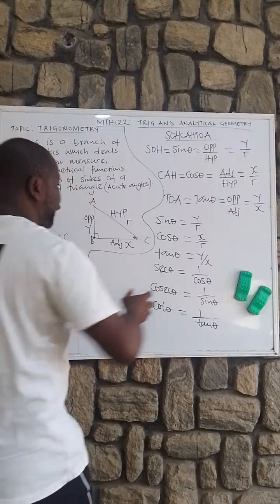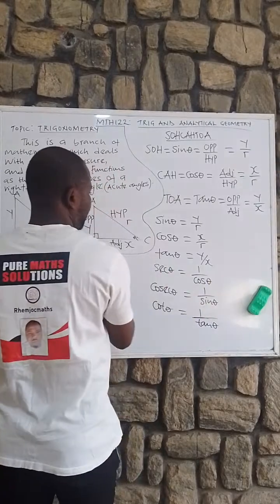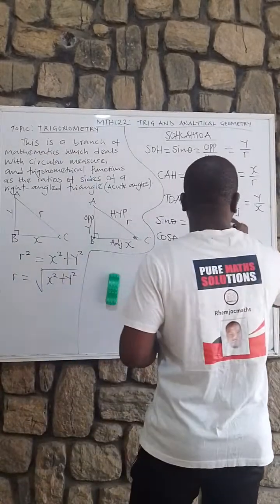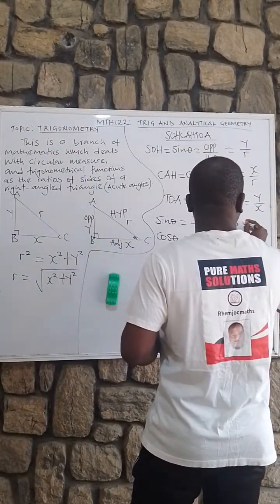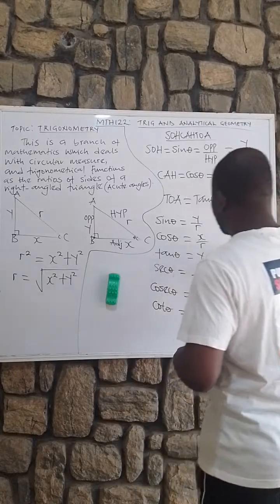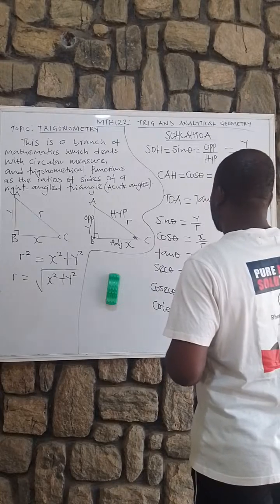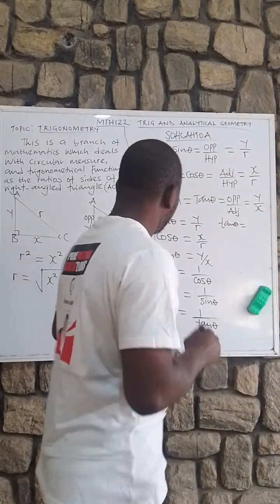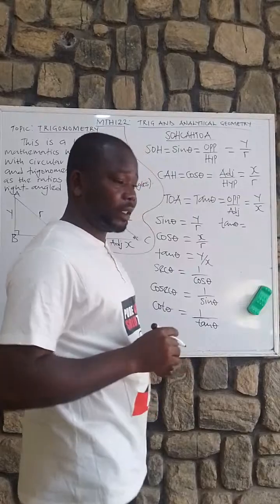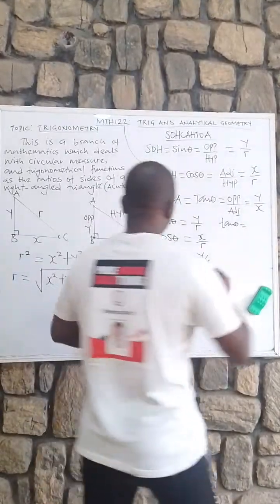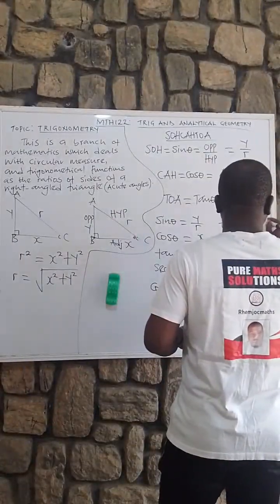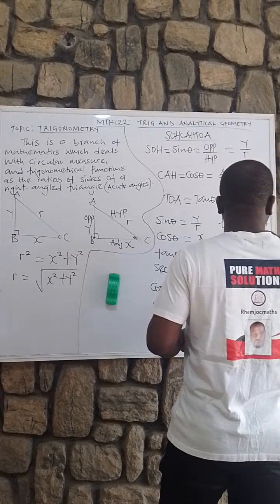And let us always note that our tan theta is always equal to sin theta all over cos theta.